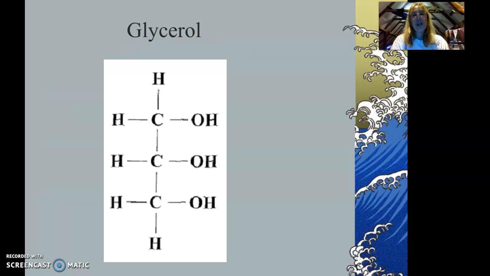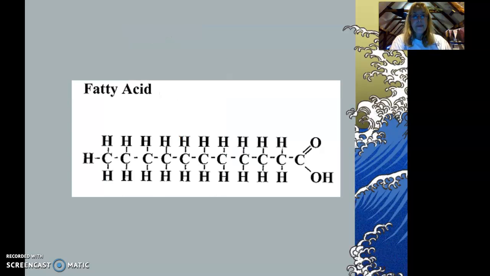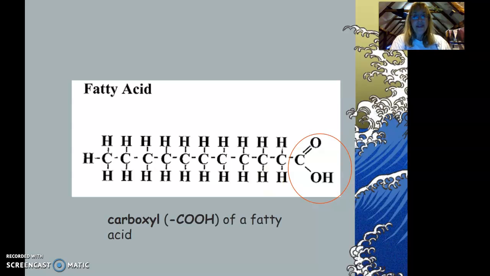Okay, so this is what a glycerol molecule looks like. You can see, because it's going to bond with 3 fatty acids, it only needs 3 carbons in the chain, and it's got 3 hydroxide groups. OH is hydroxide. No need to copy this one down yet. Okay, now the fatty acids, how you know that you're looking at a fatty acid, the big clue is this group at the end, and that is known as a carboxyl group.